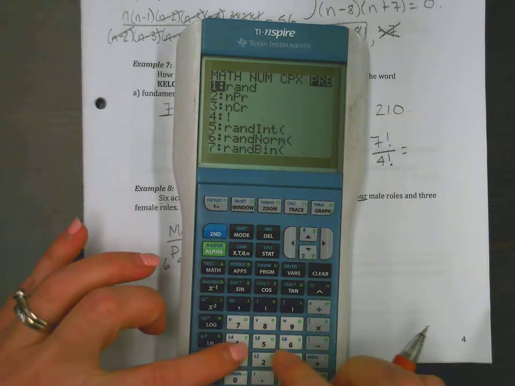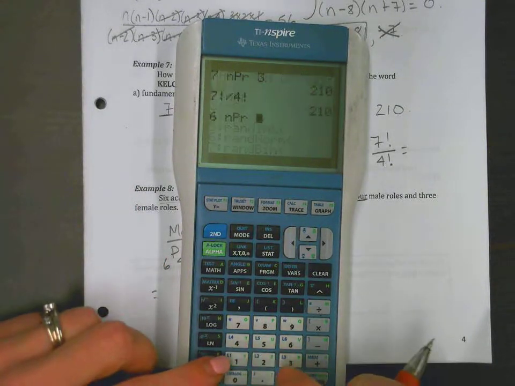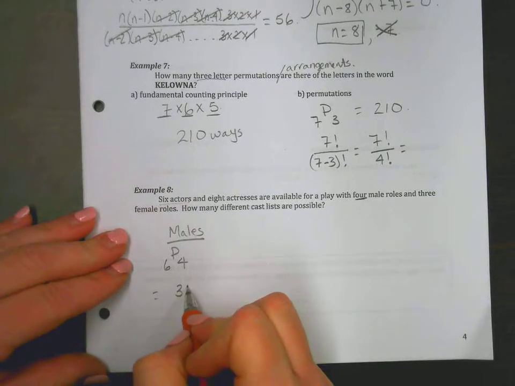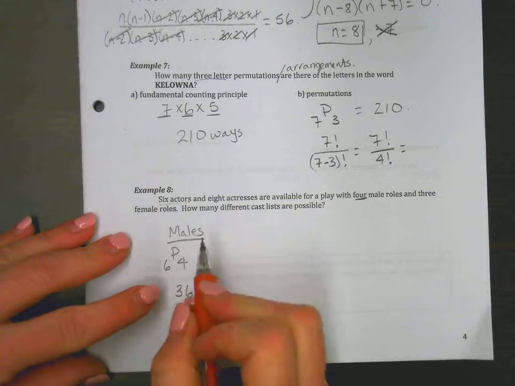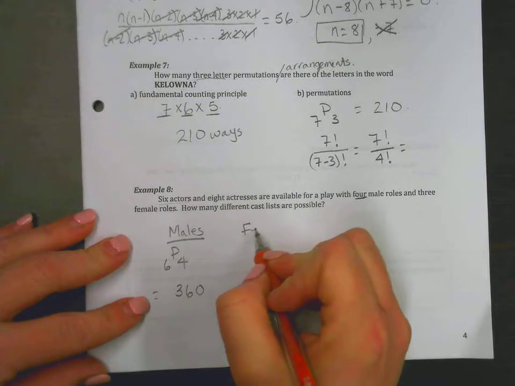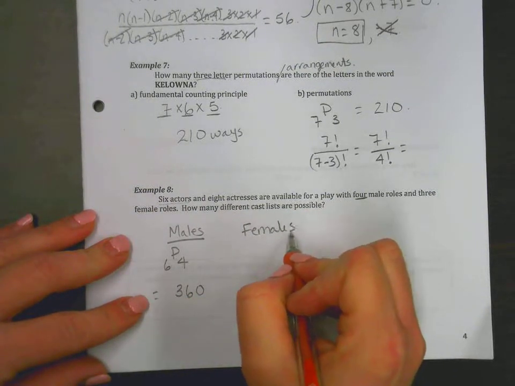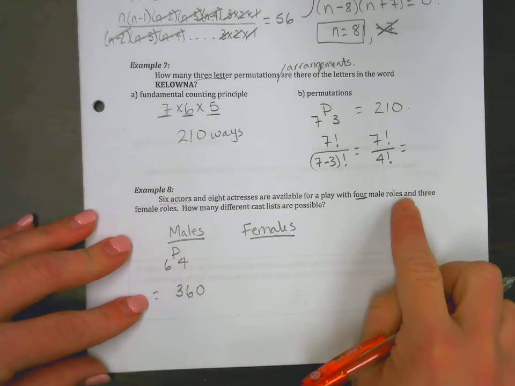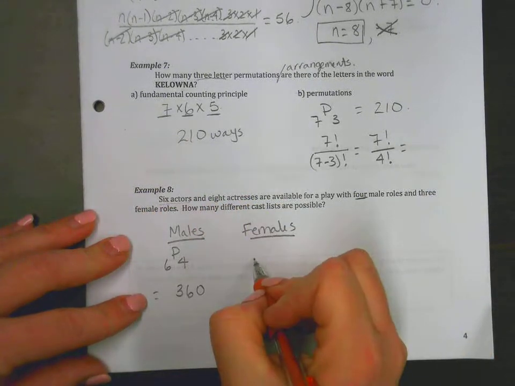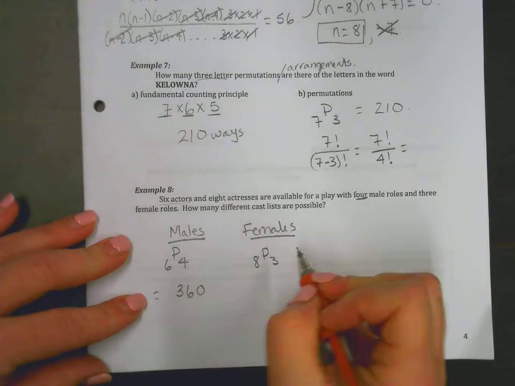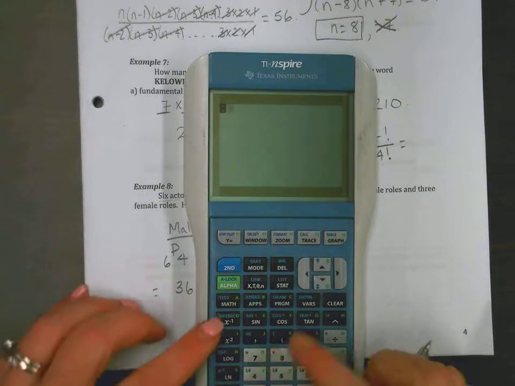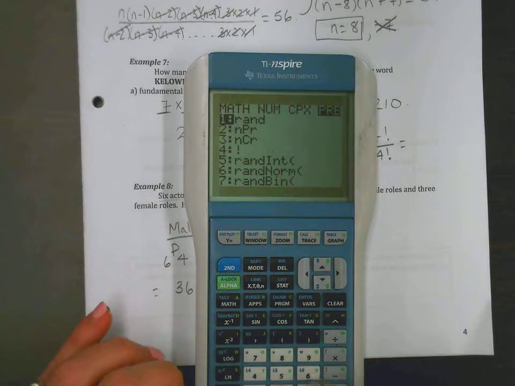So this would be 360 ways I can create the male cast, and then I want to create the female cast. Well, how many actresses do I have? I have 8, and I'm taking 3 of those 8. I go 8 permutation 3, and this would be 336 ways. Now, what do I do with these 2 numbers?